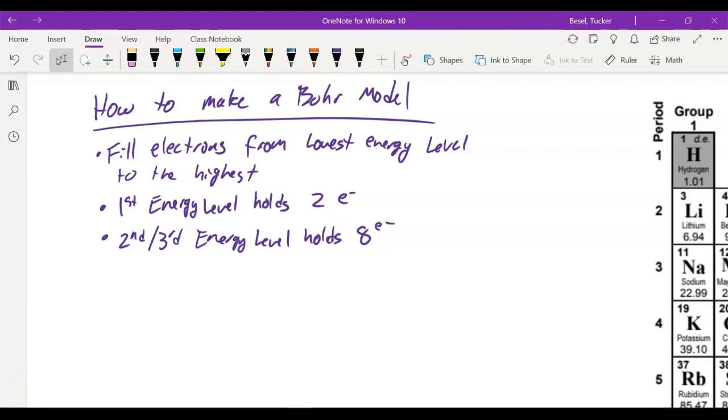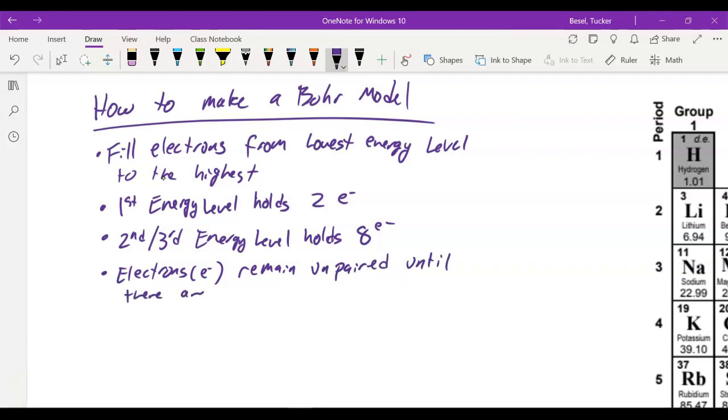So electrons, which again are just e with a minus, remain unpaired until there are 5 or more electrons.